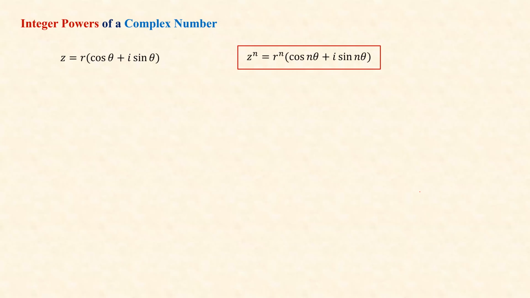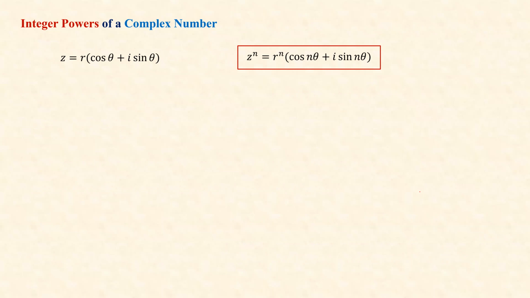So now we want to investigate integer powers of a complex number. If you have z equal to r times cosine theta plus I sine theta, which is the polar form of z, now we want to raise it to the nth power. Z to the n becomes r to the n, and the angle becomes n times what it was.